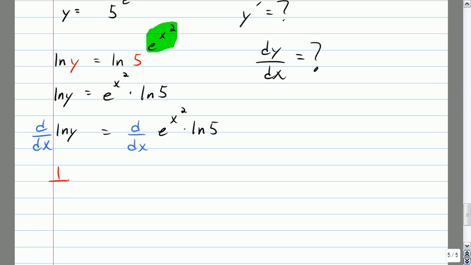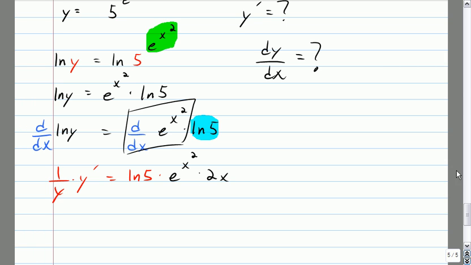Alright, so the left side turns into 1 over y times y prime. The right side is just a number times a function, so the derivative is the number times the derivative of the function. So I really just need that piece. The outer one is e to the x squared, the inner is x squared, and its derivative is 2x.